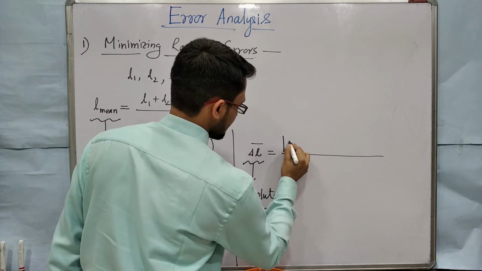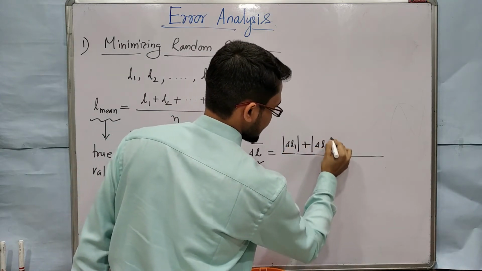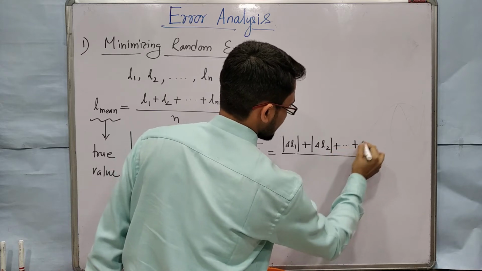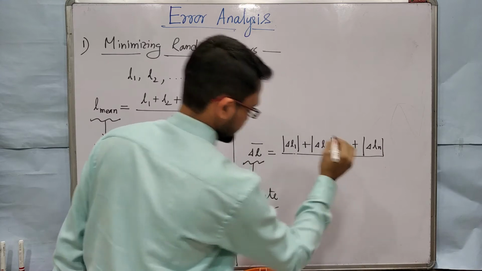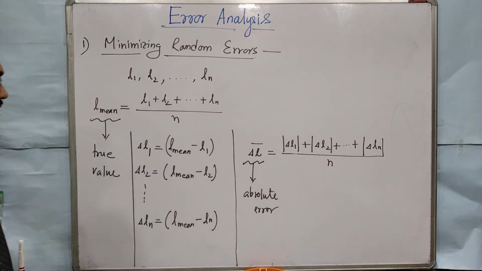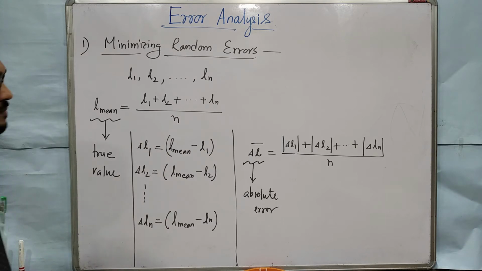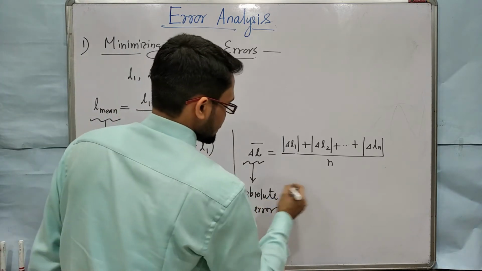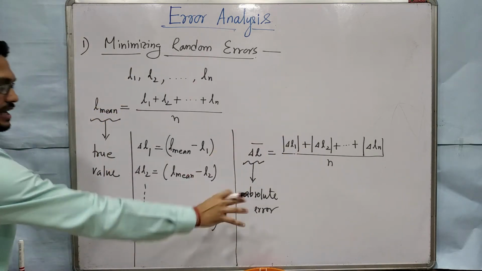So mod delta L1 plus mod delta L2, and in this way up to mod delta Ln, divided by n. It will be the average of the absolute error. So this is the true value, and this is the absolute error.